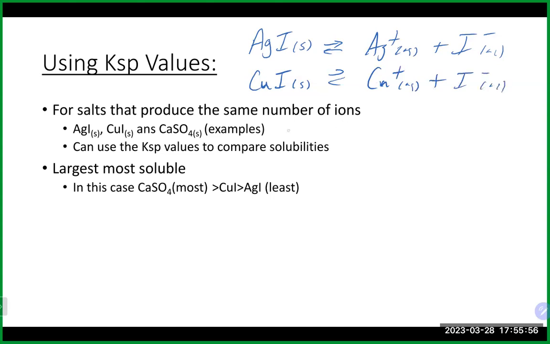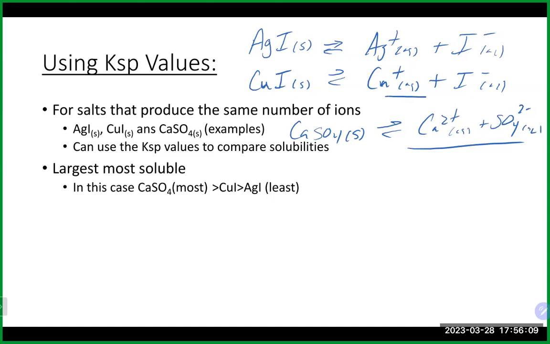And if we look at calcium sulfate, when it breaks apart, we get a calcium ion and a sulfate ion. So the grand total of ions on all three of these is basically 2. Because they do break apart into the same number of ions, you can look at the Ksp values in the table and use them to make a prediction in terms of solubility.